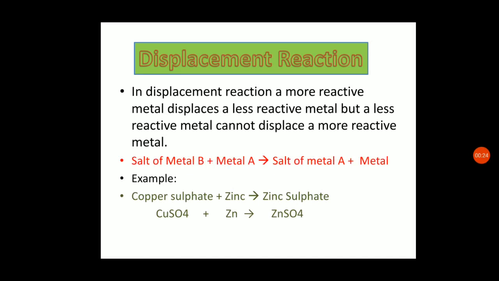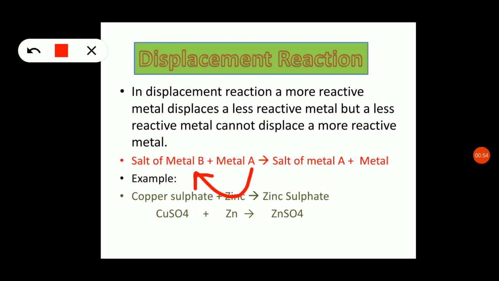The salt of metal B plus metal A, when these two react, it gives salt of metal A plus metal B. So here A is more reactive than B. Hence this reaction will take place. That means A displaces B from its salt solution.